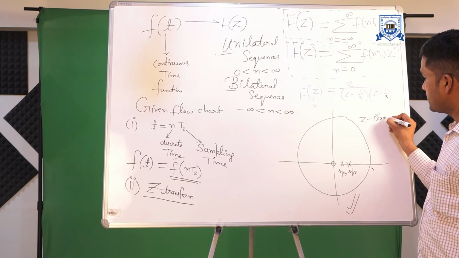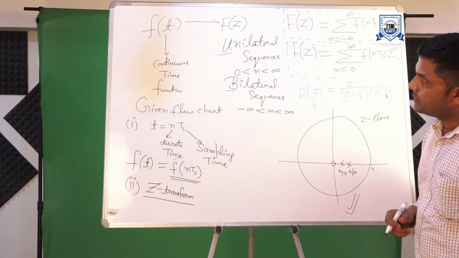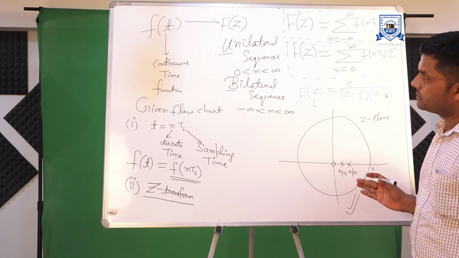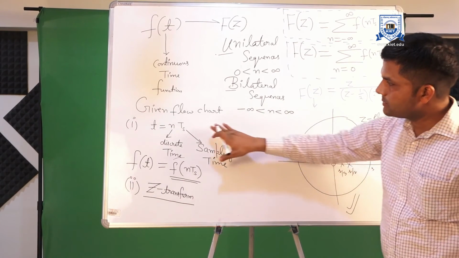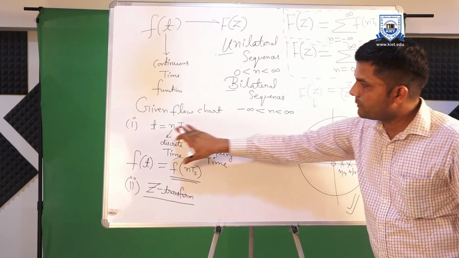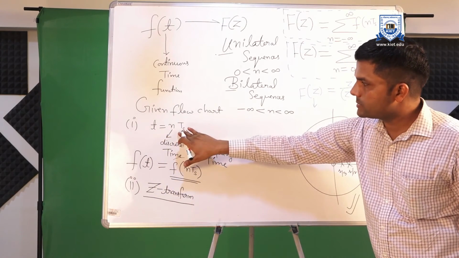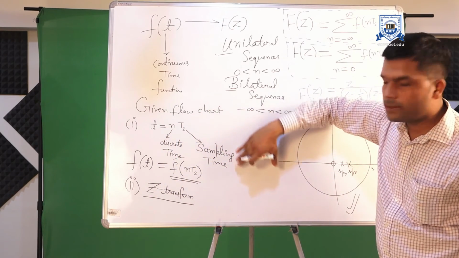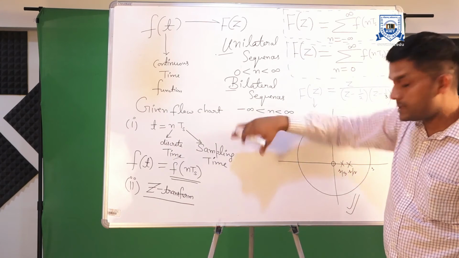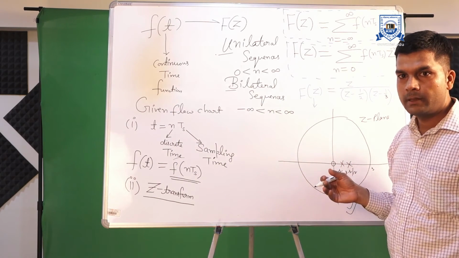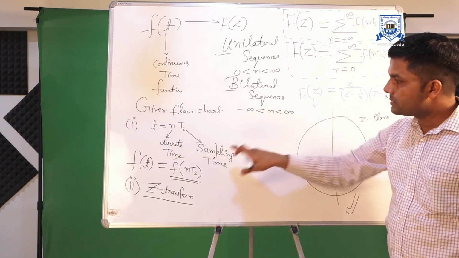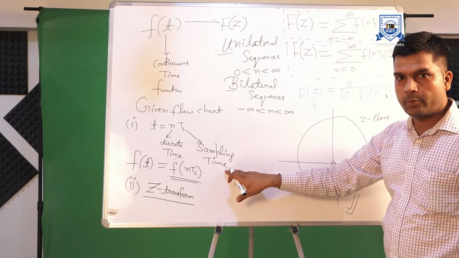So in this lecture we have seen how to convert f(t) into F(z). Here there are two methods. One is t is equal to nTs. This is the mapping between the continuous time signal and the discrete time signal using sampling time, because sampling time changes the pole locations also. So in missile systems and control systems, the sampling time has great importance.